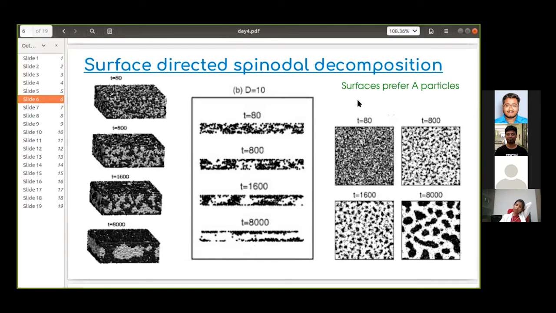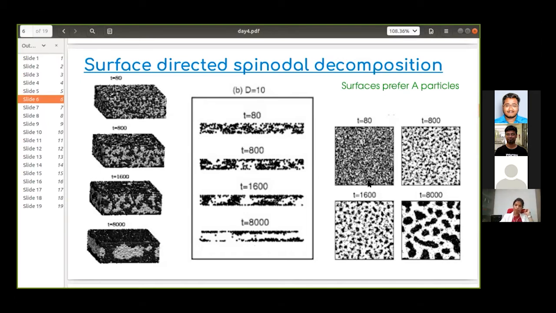Now let's try to understand what's happening if I consider the slice in the horizontal plane. This next picture shows the snapshots in the mid plane of this system. So you have this cubic system, you just look at it in the XY plane at Z equal to d by 2 in the midsection.